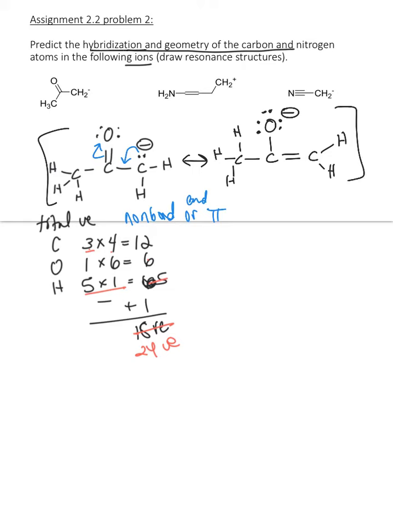And it says the hybridization and geometry of the carbon atoms in the following. So this carbon is sp3, the first one, and it stays sp3. The carbonyl carbon, the blue carbon here, has 1, 2, 3, so it's sp2. And over here it has 1, 2, 3, so it stays sp2.